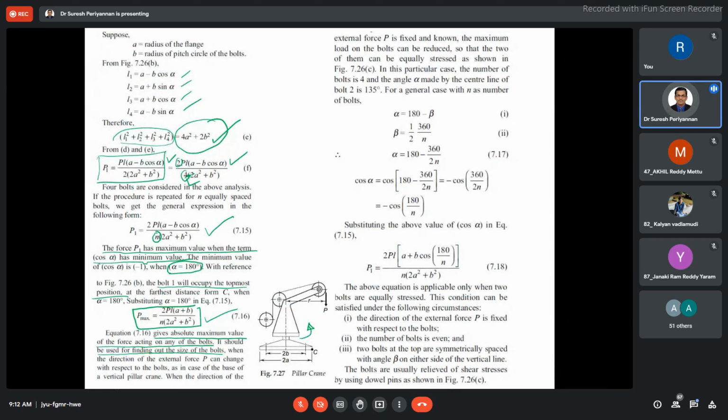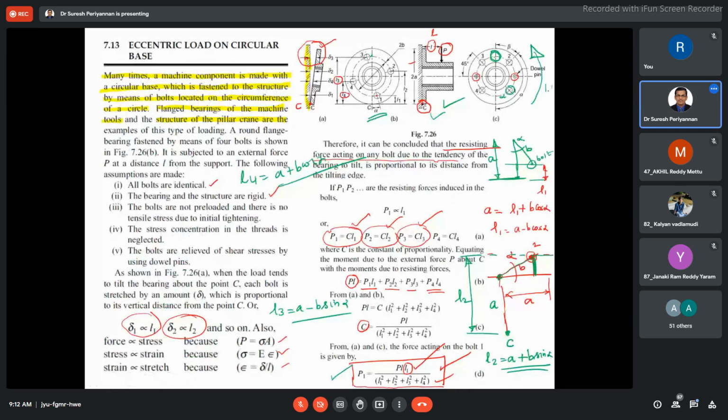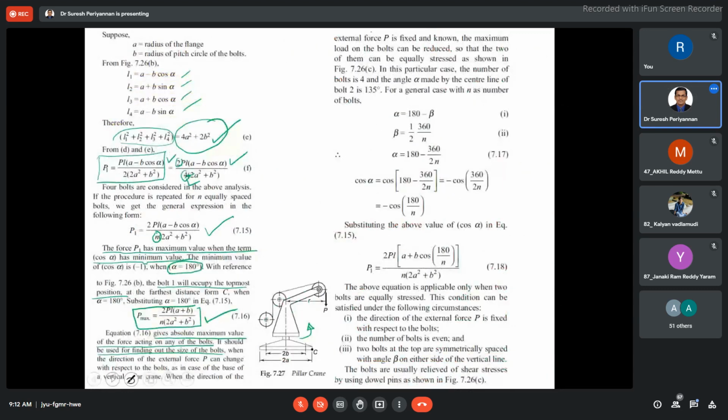Then at that time only this formula is suitable. Either change the angle of the bolt from alpha less than 90 to 180 degrees, or when the crane is rotating, the force is changing from one position to another. That time only this formula is valid.